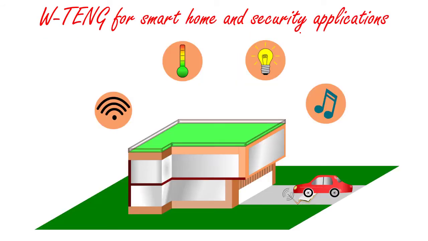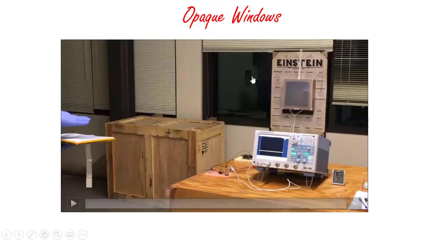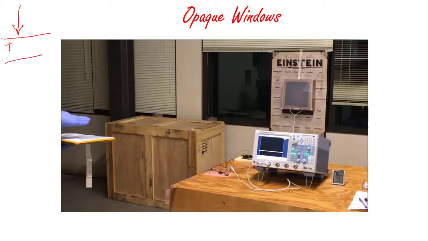And then we also did wireless. Essentially what triboelectrification does is, as you apply mechanical force, the charges get separated, and if the separated charge is huge, as we have seen, it can produce a lot of voltage.